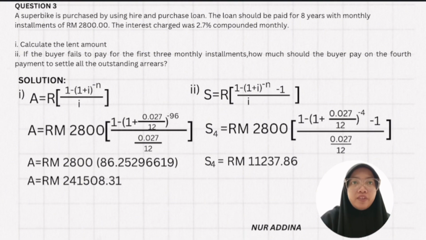So we have S4 equal to 2,800[(1 + 0.027/12)^4 - 1] / (0.027/12). The answer is S4 equal RM11,237.